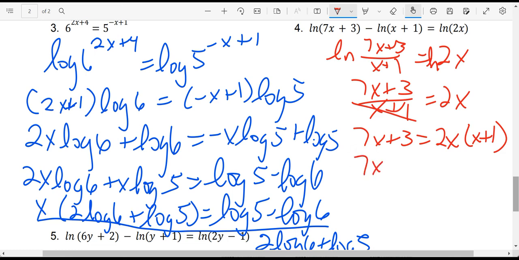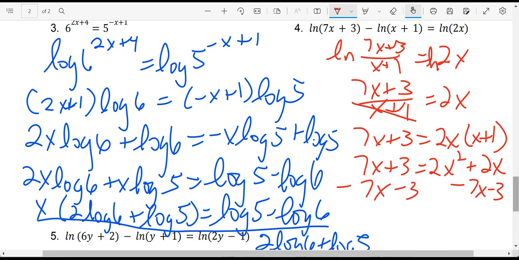That'll give me 7x plus 3 equals 2x squared plus 2x. Let's move the other terms over. Minus 7x minus 3, giving us 2x squared minus 5x minus 3 equals 0. If you factor that with the AC method, a times c is negative 6. We'll replace negative 5 with negative 6x plus x minus 3.